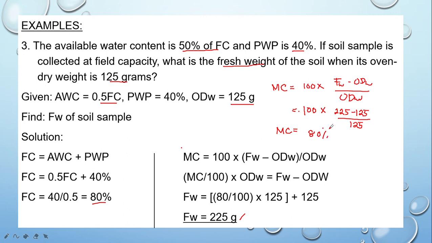So is that 80%? We have 225 minus 125 divided by 125, and so that is 80%. So our solution is correct.